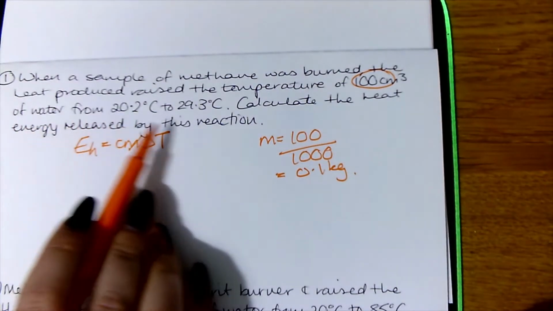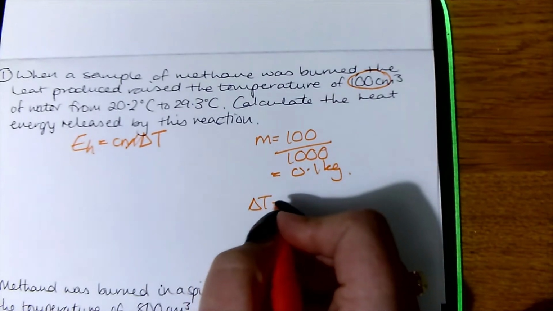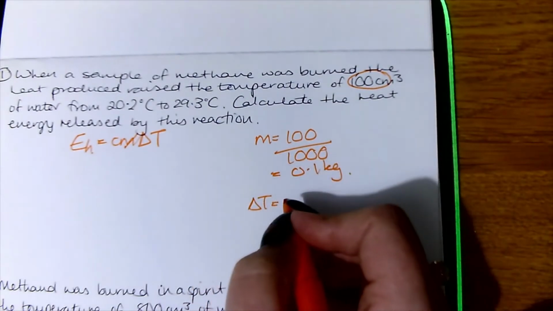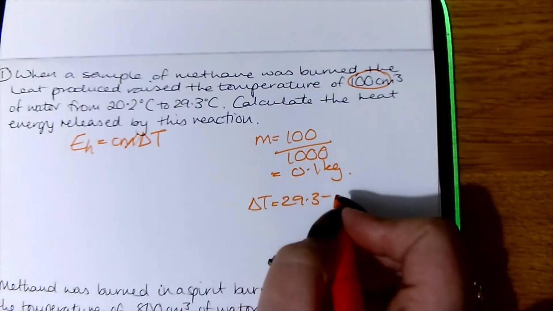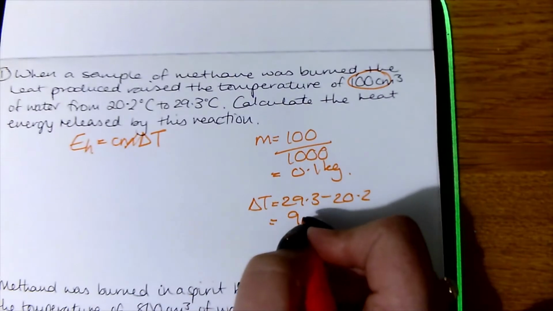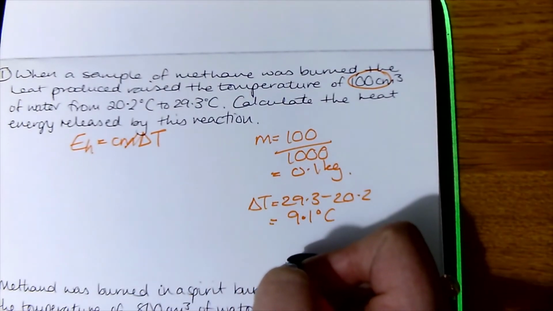We then read on and realise that we have our delta T, our change in temperature as well. So the reaction started at 20.2 degrees and it finished at 29.3. So it's just a simple subtraction here. And we find that our change in temperature was 9.1 degrees centigrade.